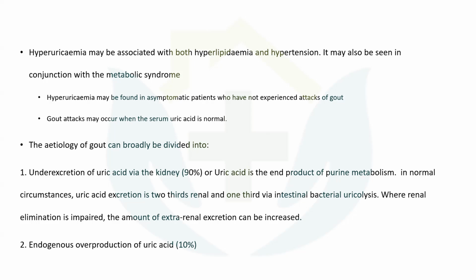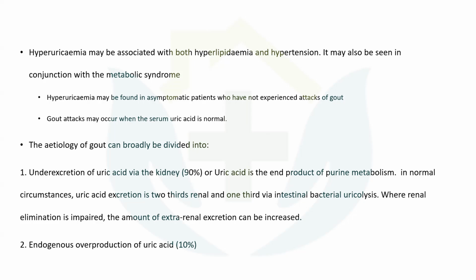A patient with hyperuricemia may sometimes be asymptomatic, and a gout attack, due to fluctuation in the level of uric acid, can happen even with a normal level of uric acid. So we need to know that even with a normal uric acid level, a gout attack may happen.